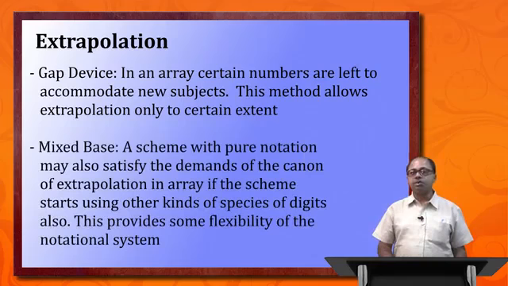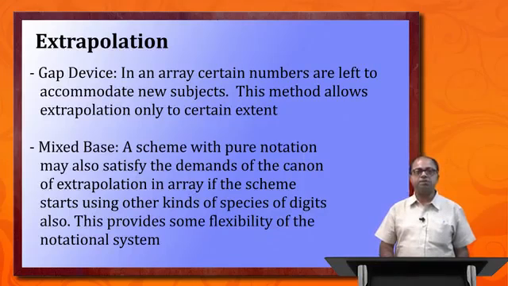A scheme with pure notation may also satisfy the demands of the canon of extrapolation in array if the scheme starts using other kinds of species of digits also. This provides some flexibility of the notational system.